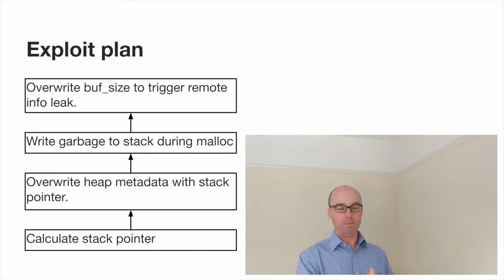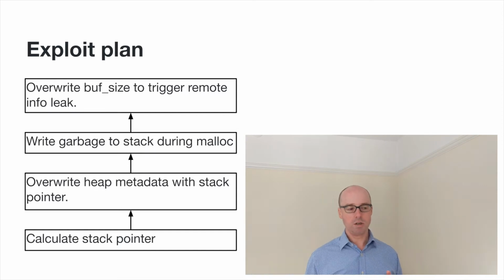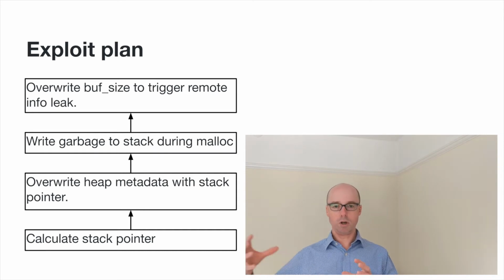But a really important step that I also need in order to be able to do that is I need to calculate the stack address that I want to overwrite. And so that's the local info leak that I told you about earlier. What that does allow me to do is copy a stack address into a newly allocated heap buffer.